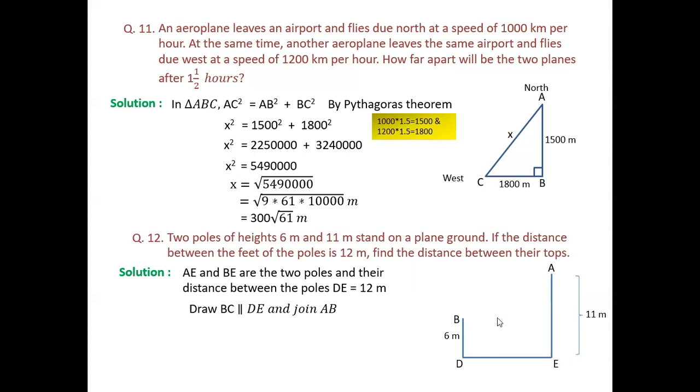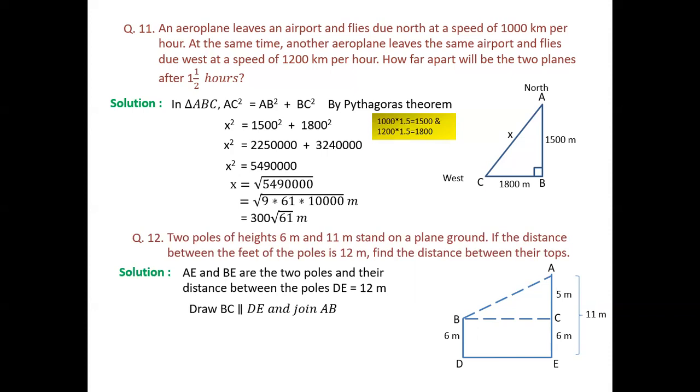From here, we'll draw a line parallel to DE and join A and B, and let us name this point C. Now, if this is 6 meters, this should also be 6 meters because this is the distance between parallel lines. But the total length is 11, so the remaining length should be 11 minus 6, which is 5 meters.